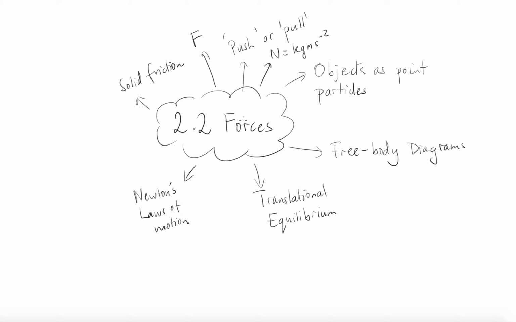Firstly, they want you to understand that when we work with forces, we treat objects as point particles, and this is linked to the concept of the free body diagram. So I might have a block of wood of mass m resting on a table.